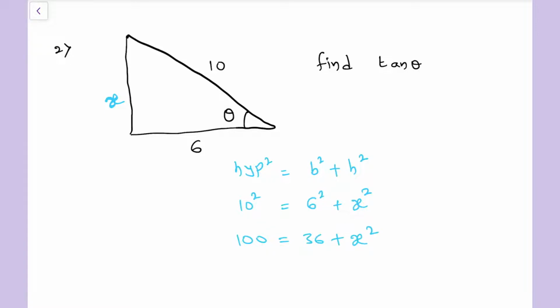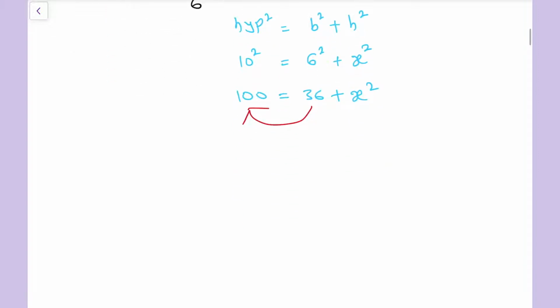Now taking 36 to the left side, plus 36 will become minus 36. So we will get 100 minus 36 equals x square. 100 minus 36, 64 equals x square.